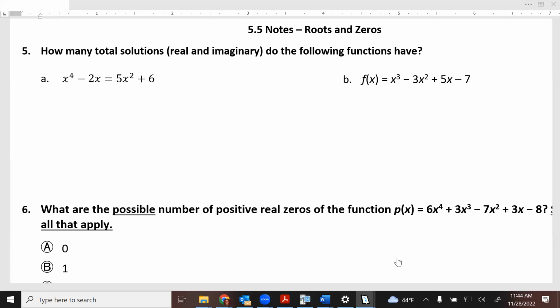So when the remainder equals 0, then x minus the number in the box is a factor.